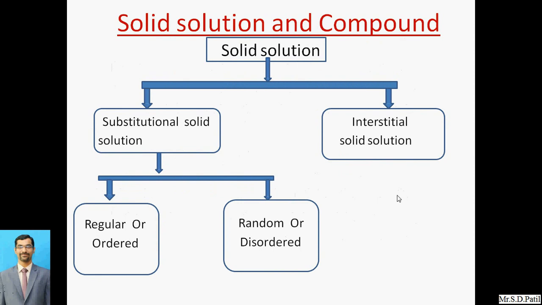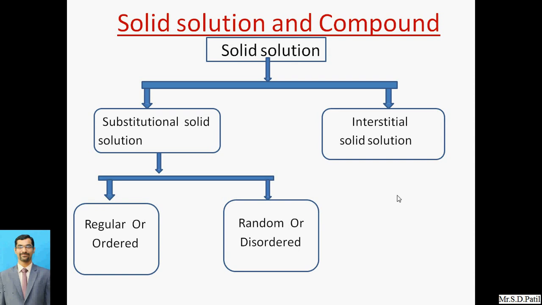Now we will see the terms solid solution and compounds. The solid solution is basically divided into two parts: one is the substitutional solid solution and the second is the interstitial solid solution. We will see these two terms in the next part.